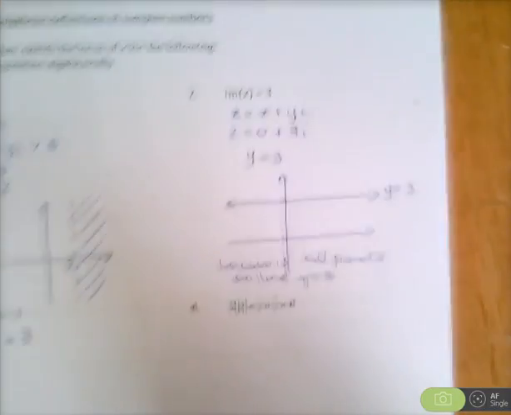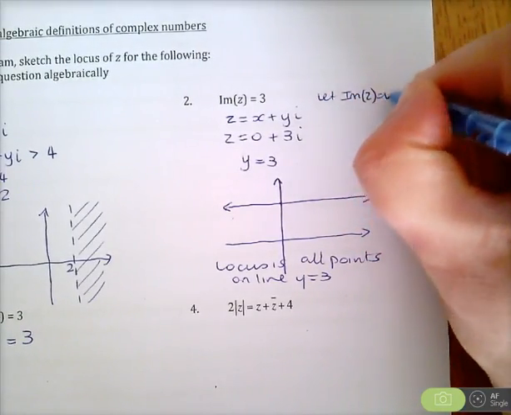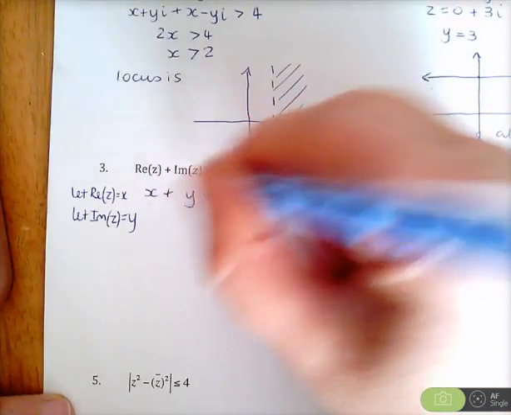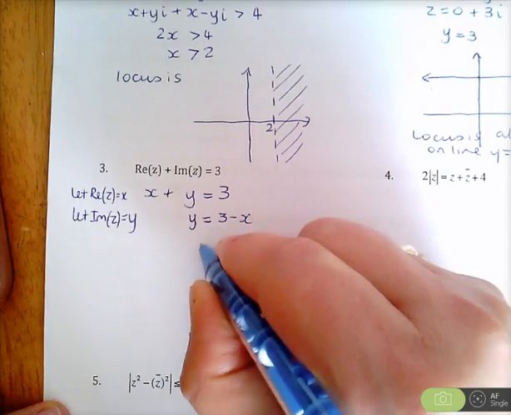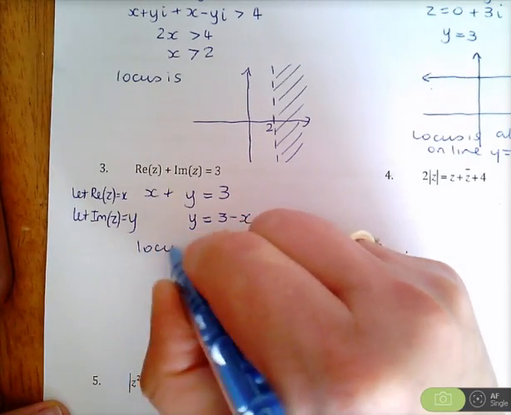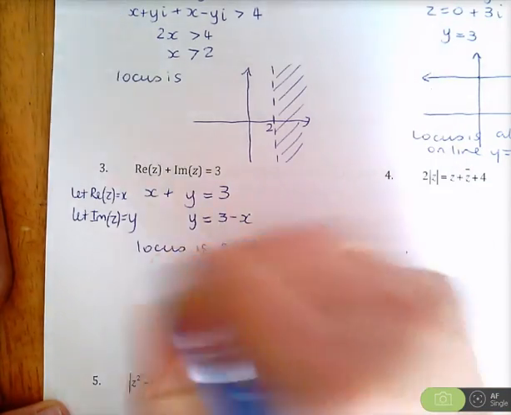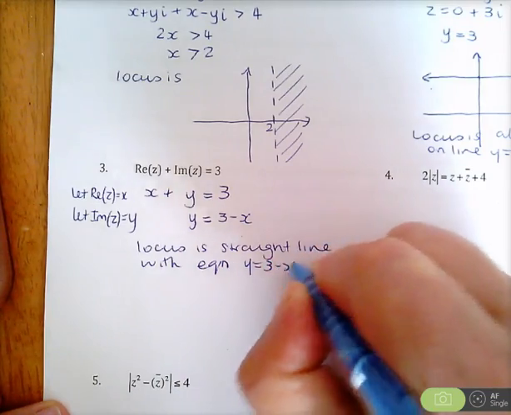Now we could have just done that up here: let Im(z) equal y, so therefore we get y equals 3. So let Re(z) be x, Im(z) be y, so therefore this becomes x plus y is 3, which is the equation y equals 3 minus x. So therefore the locus here is a straight line with the equation y equals 3 minus x.